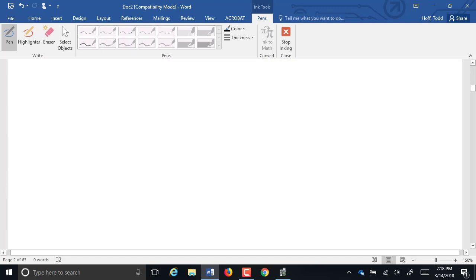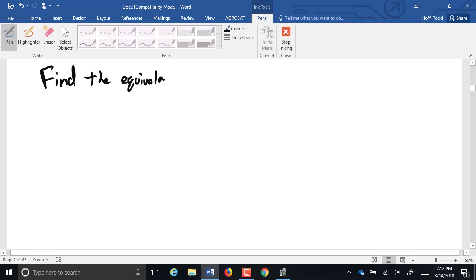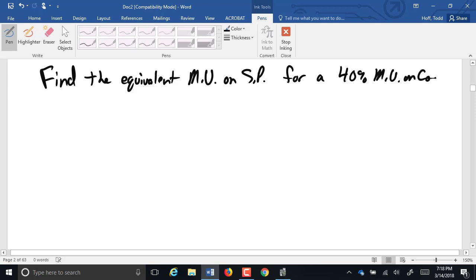Let's say, whether it says on cost or on selling price, there's always the difference. So find the equivalent markup on selling price for a 40% markup on cost.